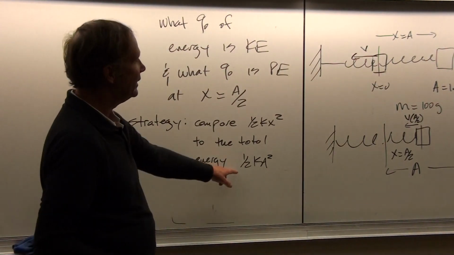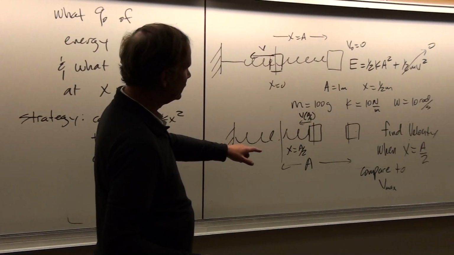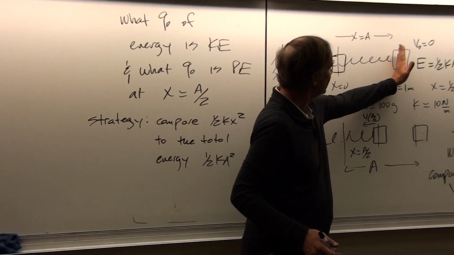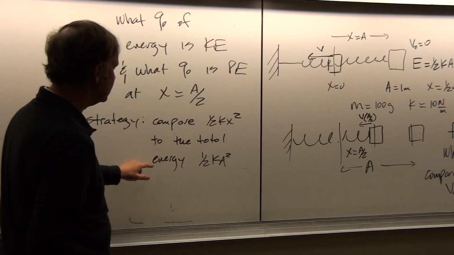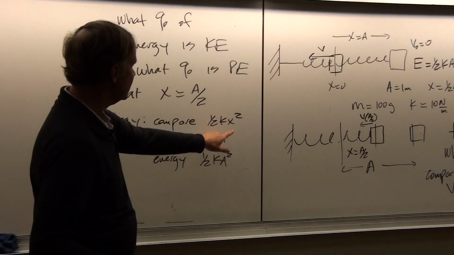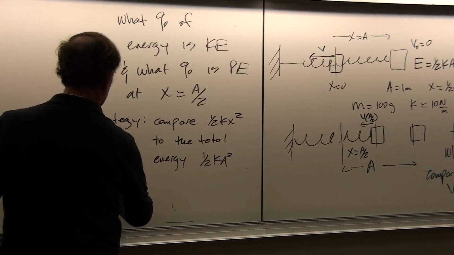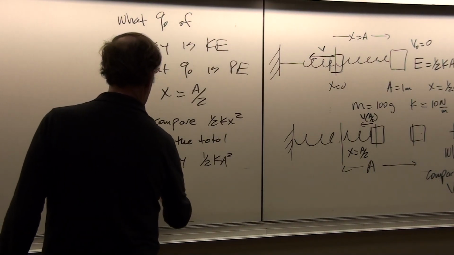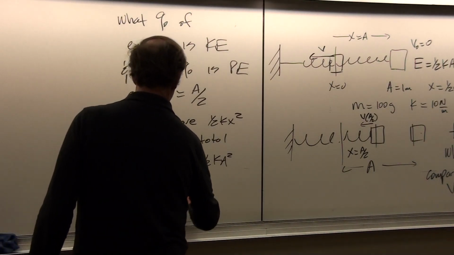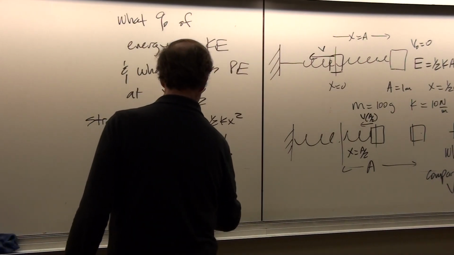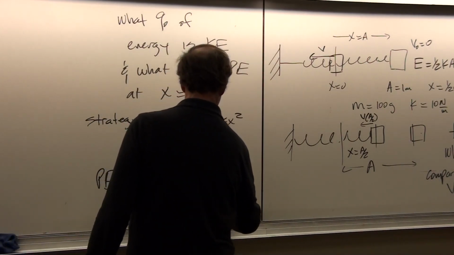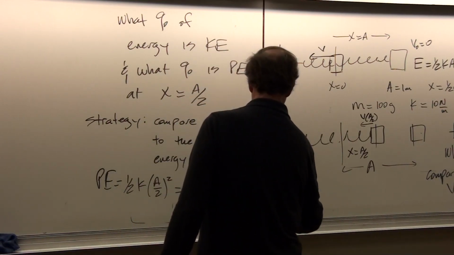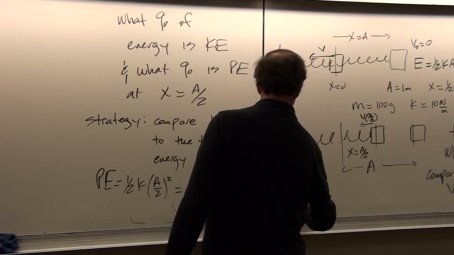Knowing that the total energy is 1/2 kA squared, that's when it's all potential, out at this point where x equals A, then since x is equal to A over 2, the potential energy is going to be equal to 1/2 k times (A over 2) squared, which will be 1/4 times 1/2 kA squared. And so that would equal 1/4 of E total.